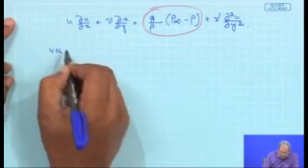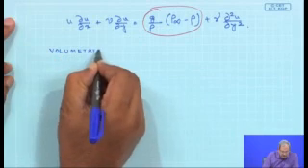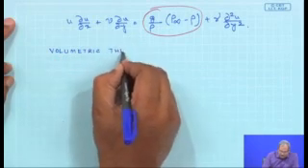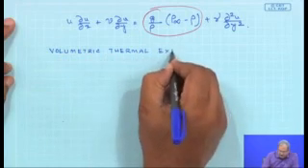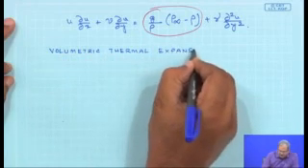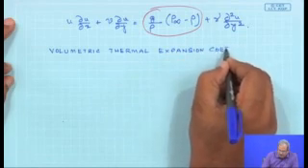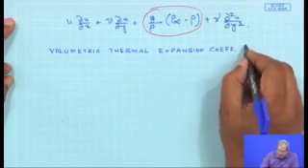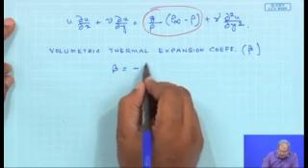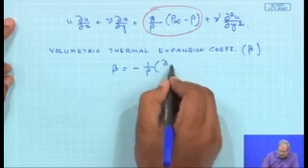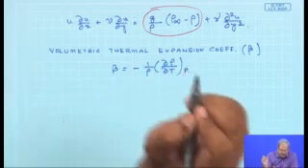To express this in a more convenient form, we introduce a thermodynamic quantity which is the volumetric thermal expansion coefficient, which is termed as beta, and you know that beta is nothing but -(1/ρ) ∂ρ/∂T at a constant pressure.